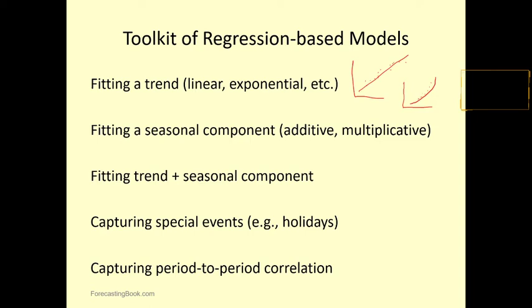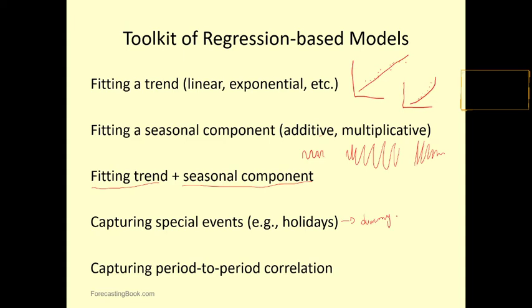The second one in the toolkit of regression-based models is fitting a seasonal component. A seasonal component can be additive, which is the same length, or multiplicative, like this. We can also fit a trend and a seasonal component together. And we can capture special events, for instance holidays. We can do this through the use of dummy variables.